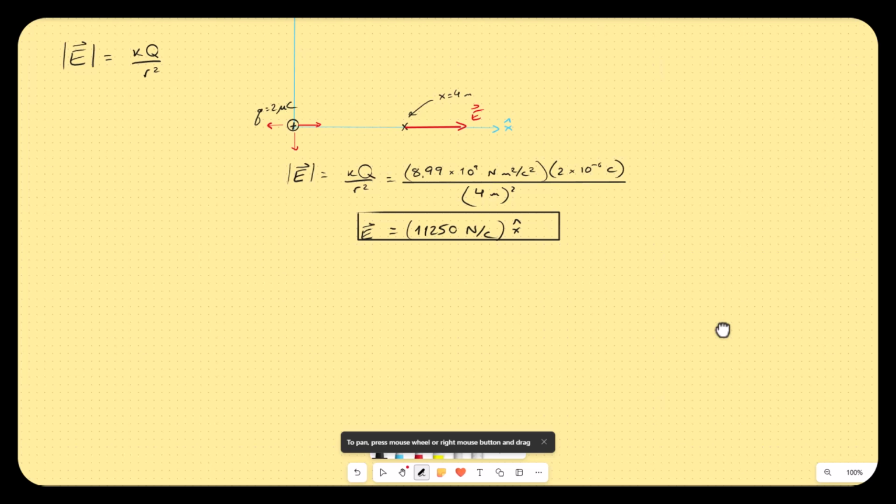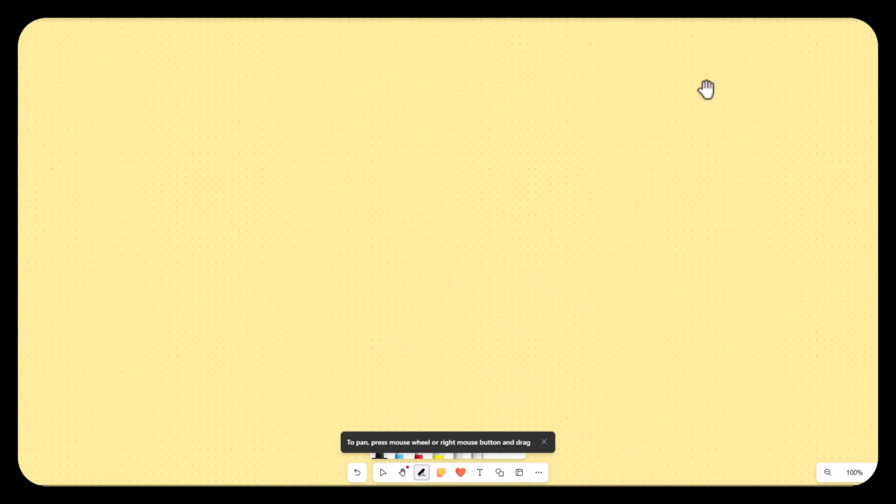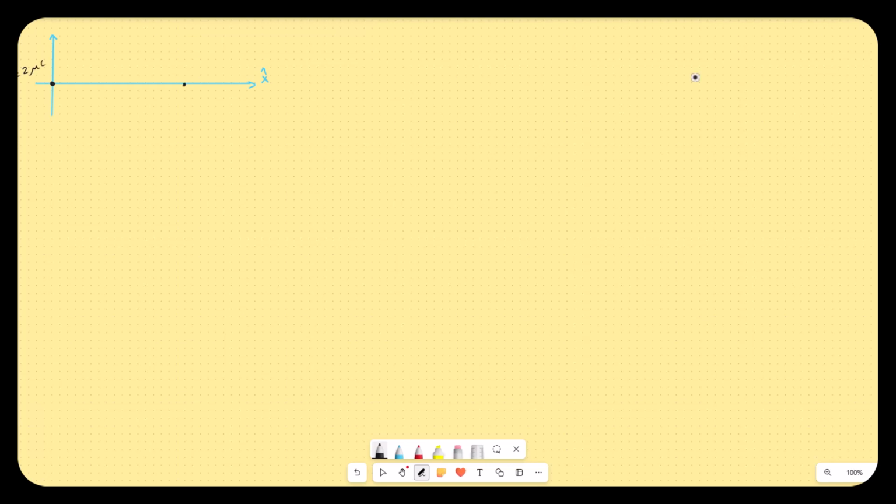So let's look at a little bit more complicated one. Maybe I have these two charges. So let's have an x-axis. We'll stick a positive charge here, Q equals, let's stick with our 2 microcoulombs, and we can stick a charge here.